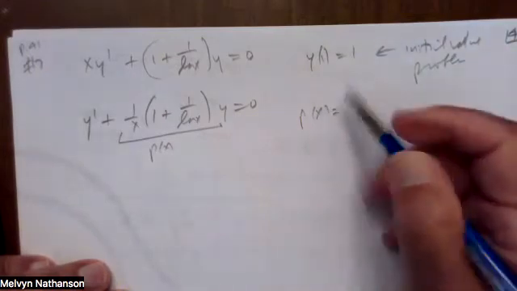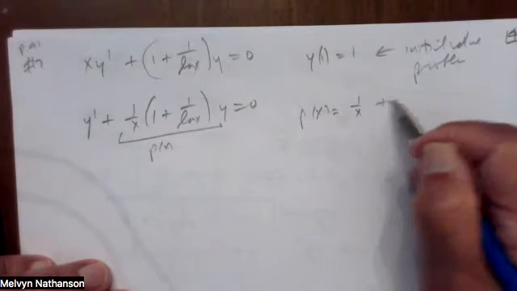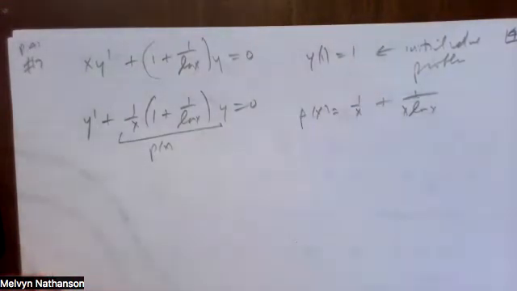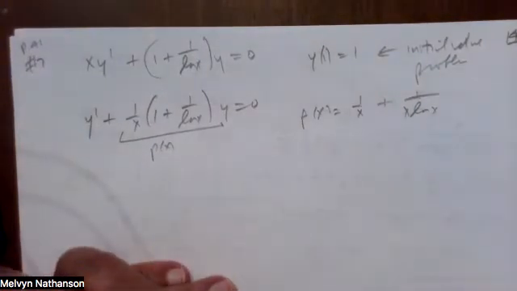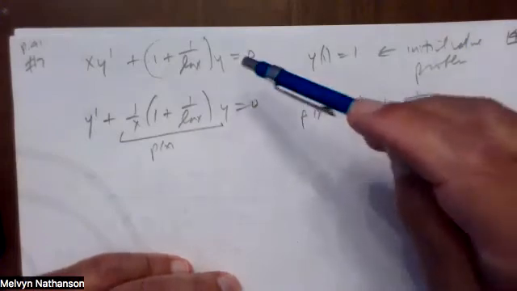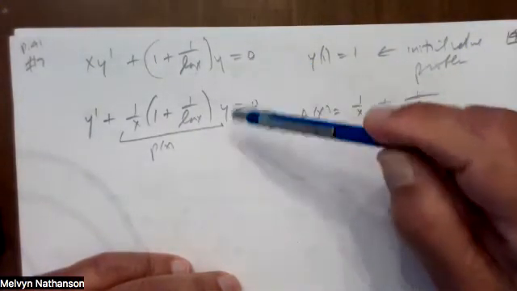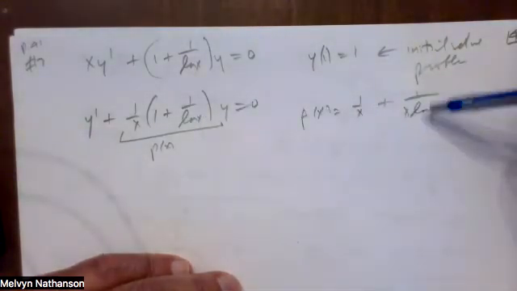P of x is equal to, just multiply through, 1 over x plus 1 over x log x. Okay. So this is the starting point. Are there any questions about how I got from the given differential equation to the standard form by dividing by x?